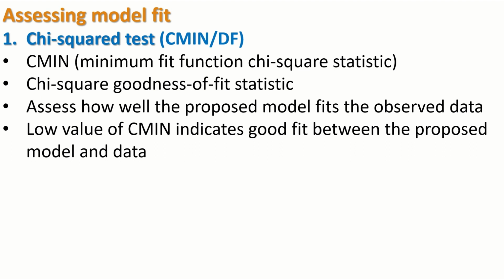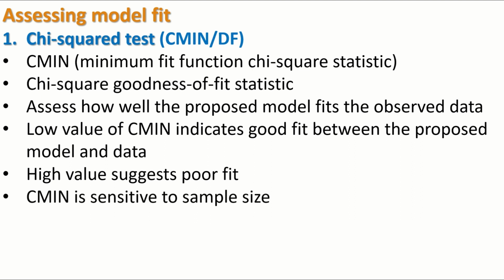A low value of CMIN indicates good fit between the proposed model and the data. High values, on the other hand, suggest a poor fit. The measure CMIN is sensitive to sample size. Usually the chi-square is divided by degrees of freedom.